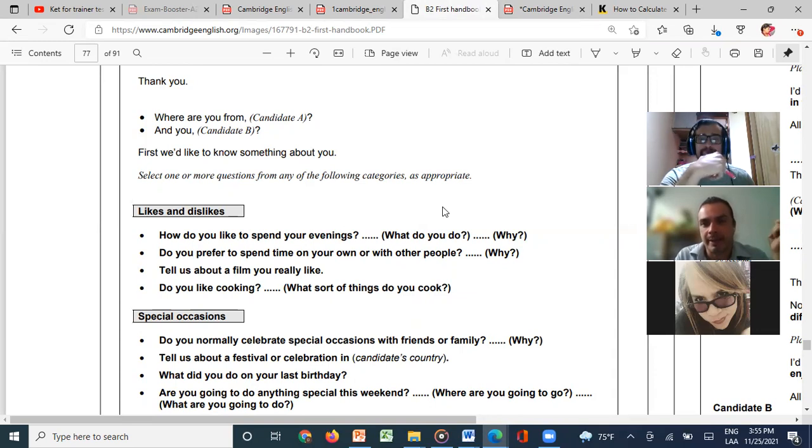I think getting exercise gives me... doing exercises. Yes, because I think getting exercise gives me a healthy life and endorphins and different things to make me happy. Okay, very good, very good.